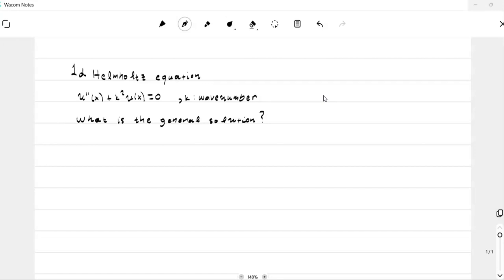So the first step is to write the characteristic equation. The characteristic equation is P of lambda is lambda squared plus k squared.